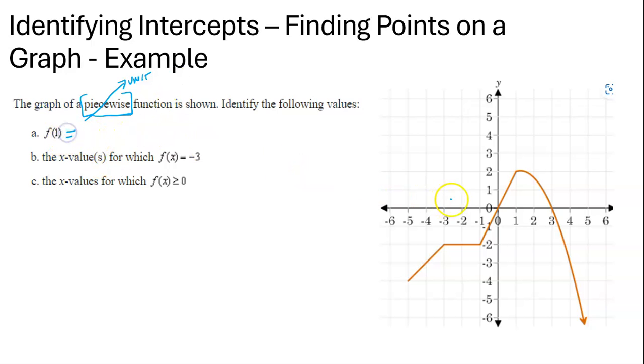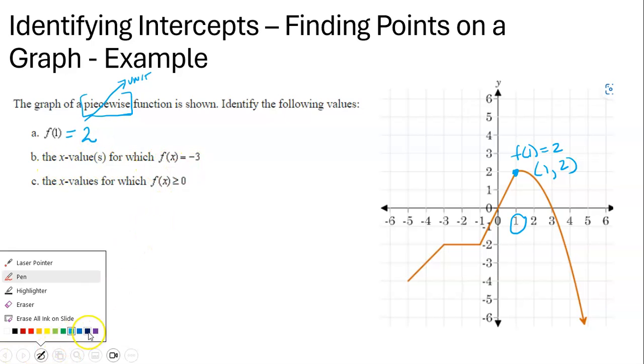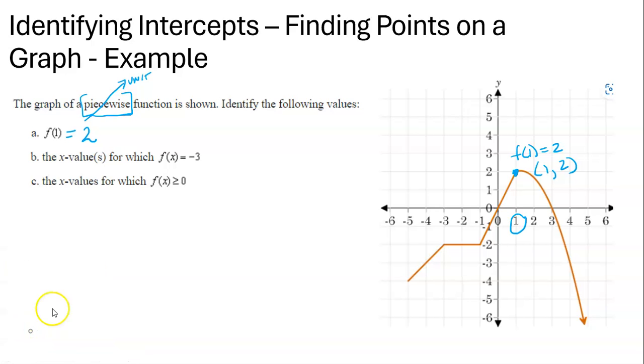f(1). So when x is 1, f(1) is 2. So this is (1, 2). Okay. The x values for which f(x) is -3.